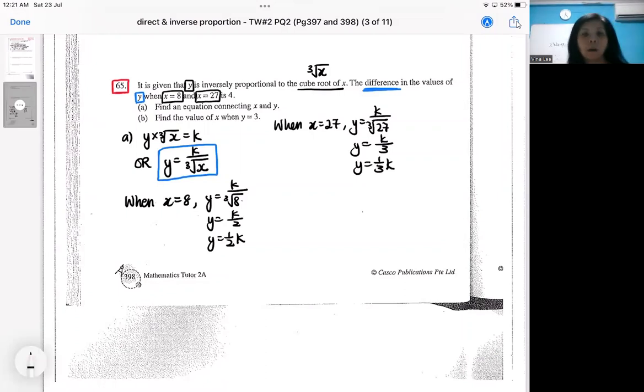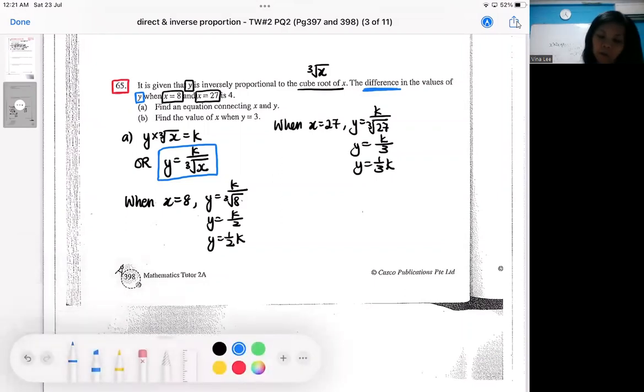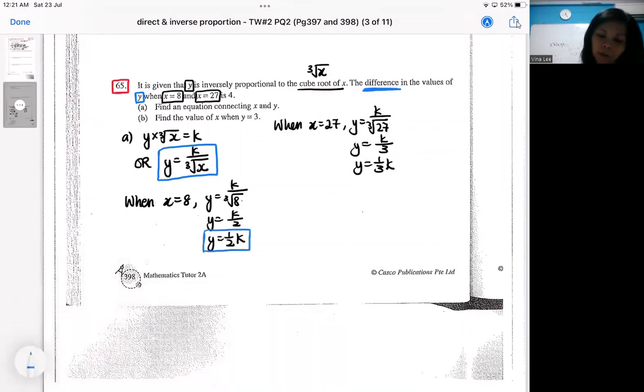So remember, we are interested in taking the difference. That means I'm interested to subtract the y value. But I got to decide which one is the bigger y and which one is the smaller y. So if you look half k and 1/3 k, I think half k is the bigger y value, 1/3 k is the lower y value, and the difference is 4.